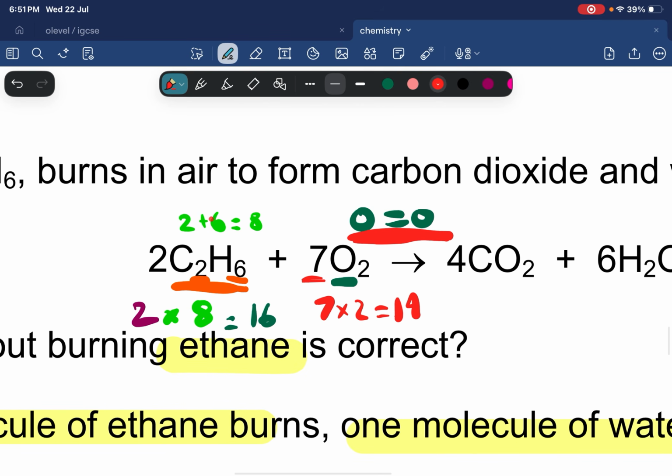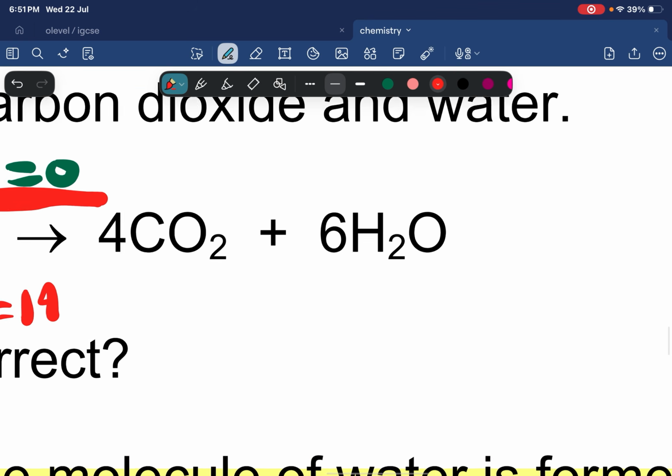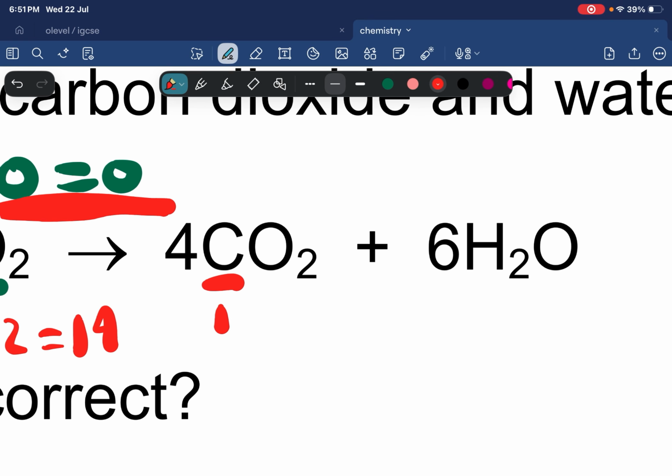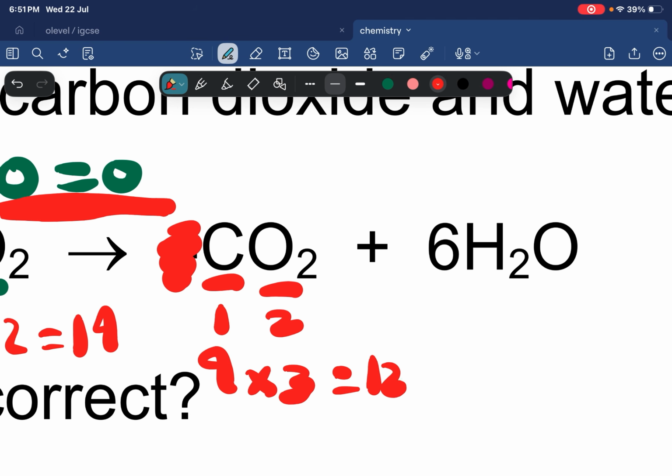So 30 atoms, we're dealing with atoms, 30 atoms at the beginning of the equation. And then over here, 1 atom of carbon, I'm going to forget this 4 right now, and 2 atoms of oxygen. In total 3 atoms. 3 times 4 is going to give me 12 over here. 2 atoms of hydrogen plus 1 atom is going to give me 3.